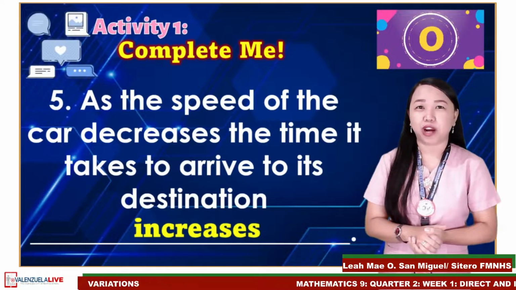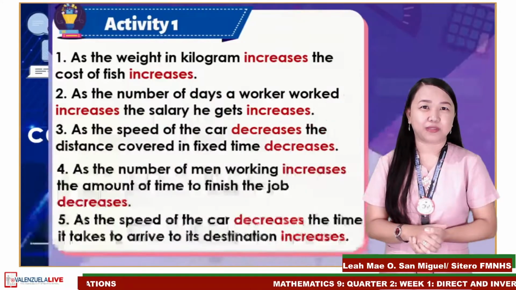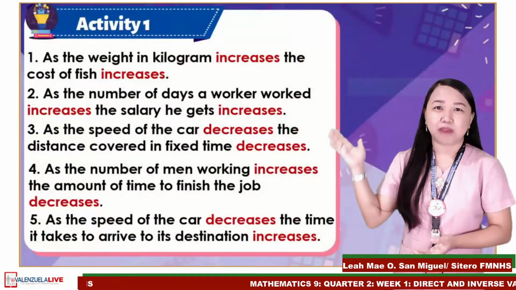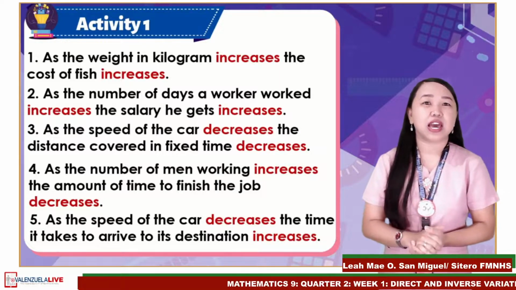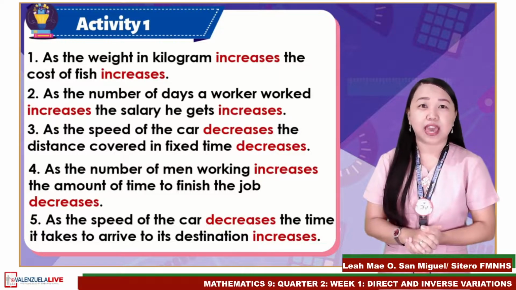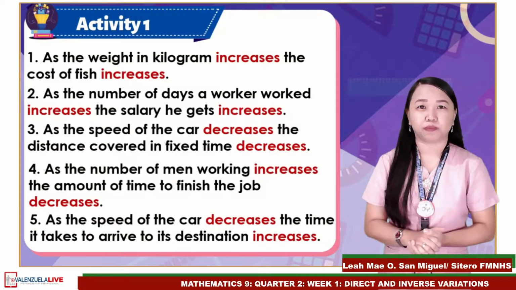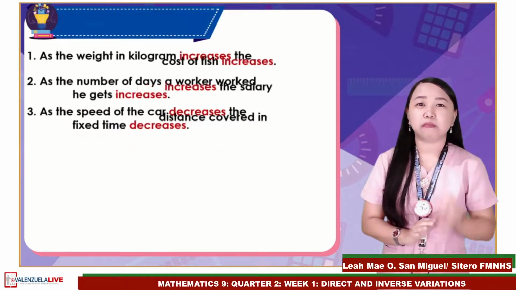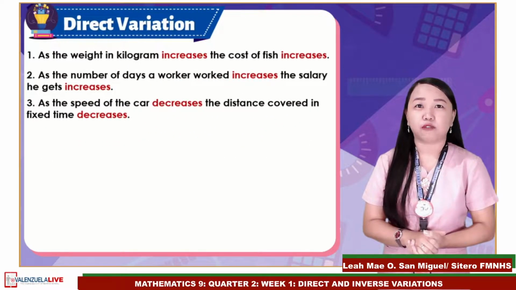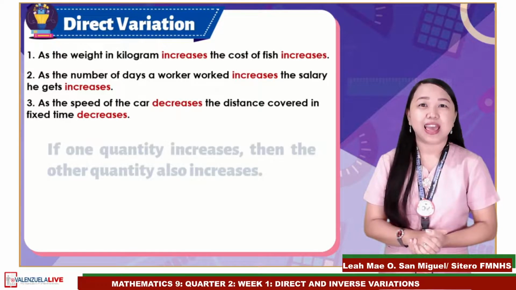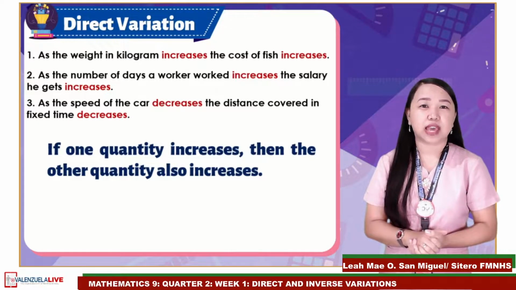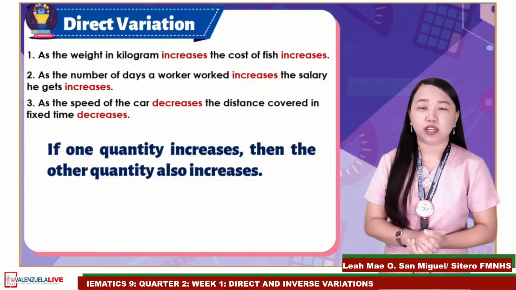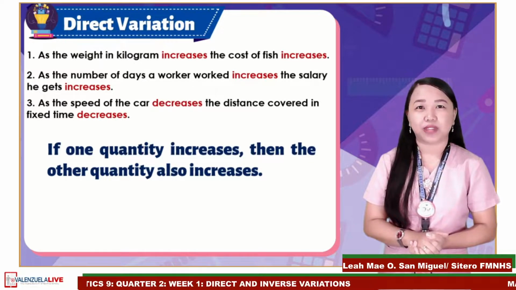Thank you for your participation, students. These statements show situations that illustrate direct and inverse variation. The first three statements illustrate direct variation wherein if one quantity increases, then the other quantity also increases.